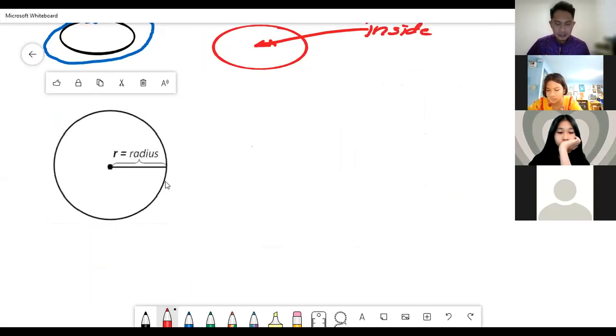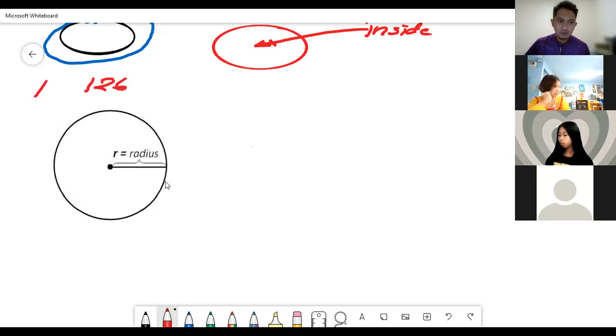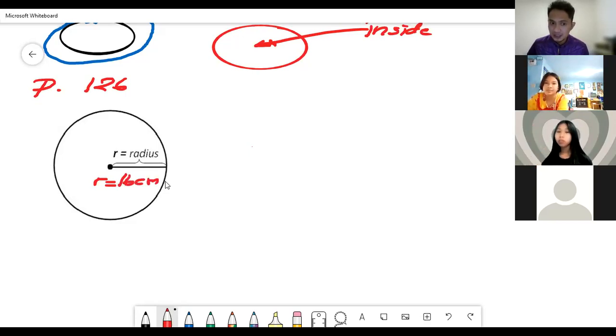For example, the question on page 126: Define the circumference of the circle. What is the drawing there? What is the radius? 16 centimeters. R is equal to 16 centimeters. Am I right? That is the radius.